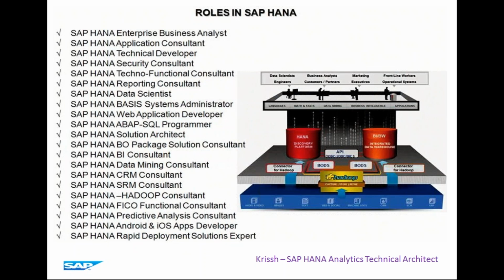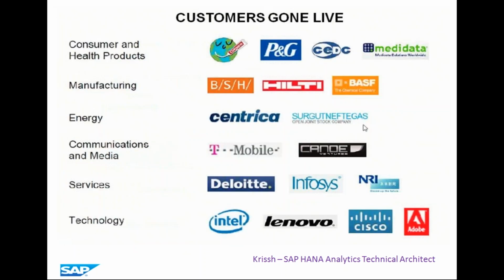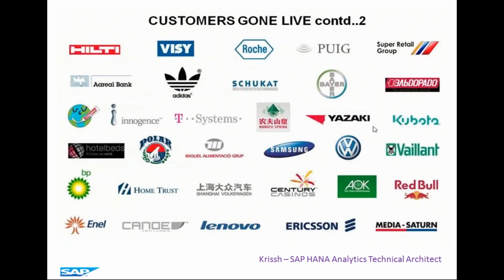And then the major customers gone live are in consumer and healthcare products, manufacturing, energy, communication and media, services and technology. We have more than 400 new HANA customers as of today.